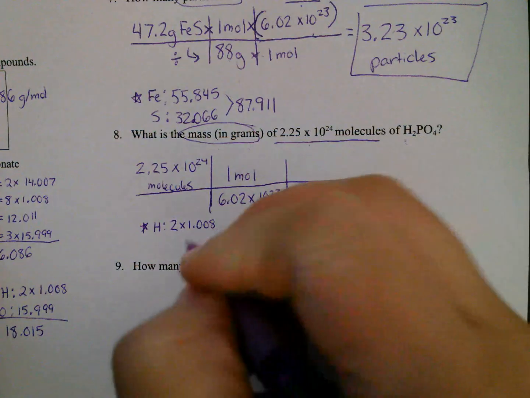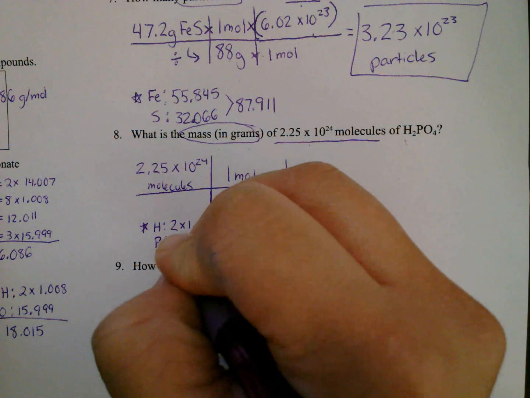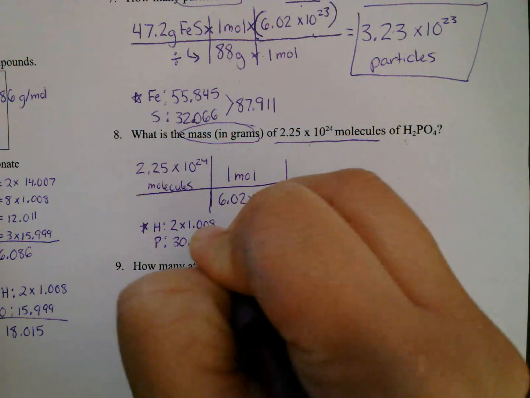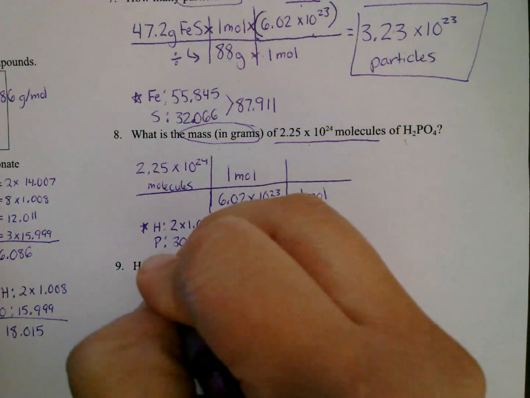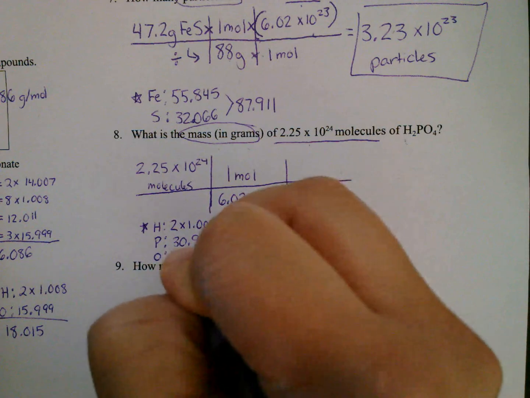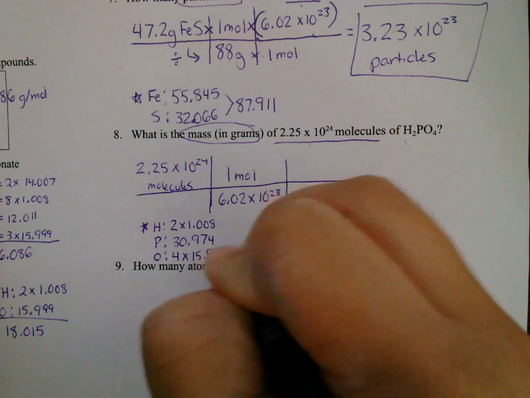I have 1 P, and the mass for phosphorus is 30.974. And for my oxygen, I have 4 oxygens, and my mass for oxygen is 15.999.